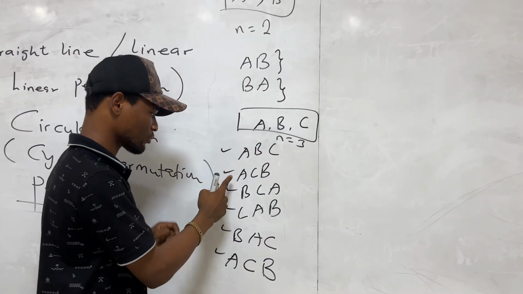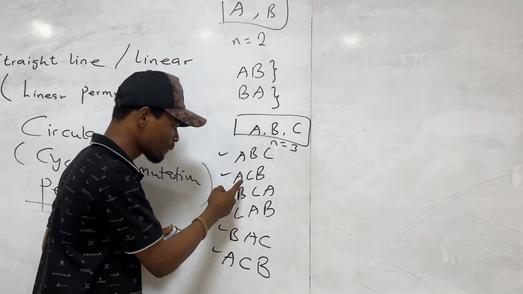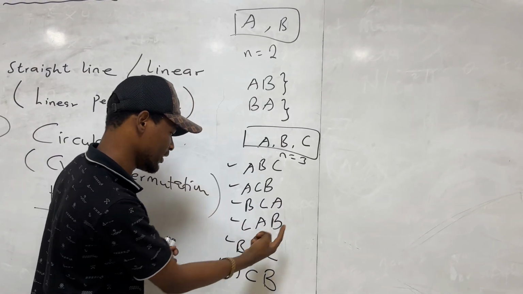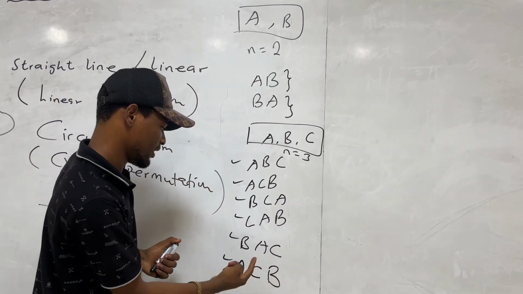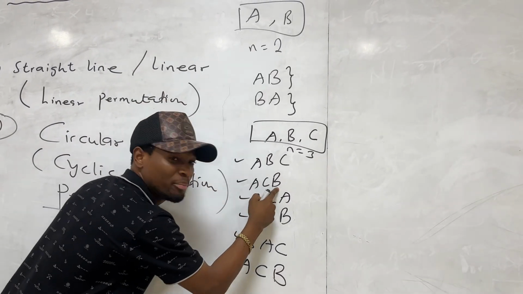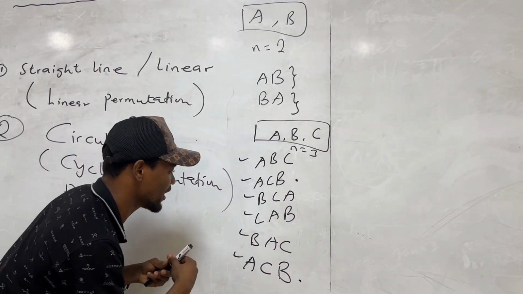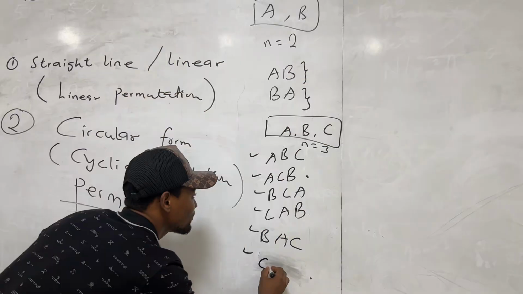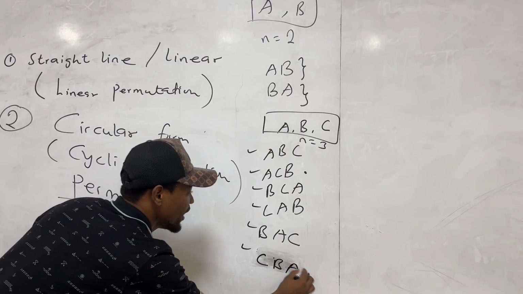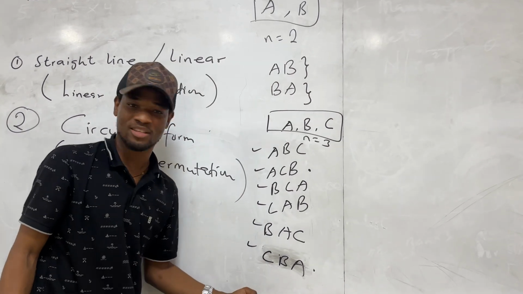So you have 1, 2, 3, 4, 5, and 6. You have A, B, C; A, C, B; B, C, A; C, A, B; B, A, C; and C, B, A. So this is the sixth one.